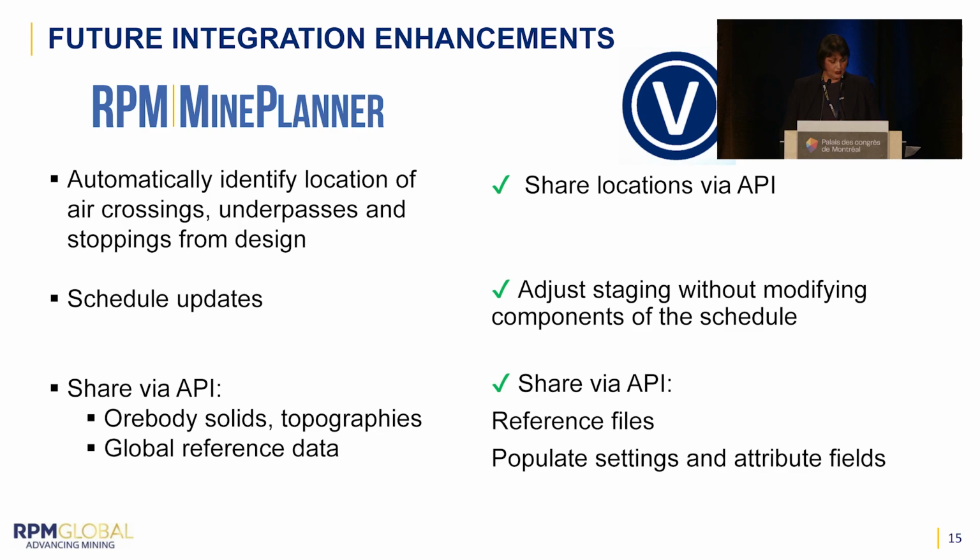After a schedule has been updated, we'd also like to be able to read an existing Ventsim model and, where relevant, change the staging to represent the new schedule without modifying the components of the schedule. And as I mentioned on the previous slide, continue to build on the existing integration.